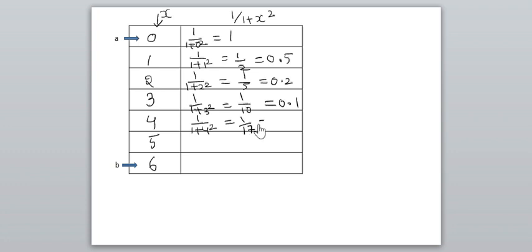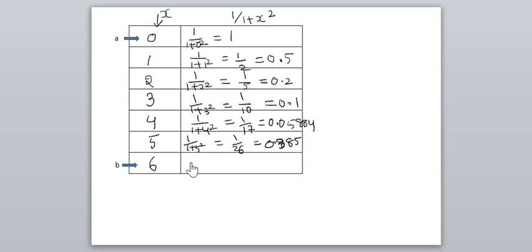When you simplify, this is going to be 0.0588, and 1 by 1 plus 5 square, which is 1 by 26, and when you simplify, it comes as 0.0385.